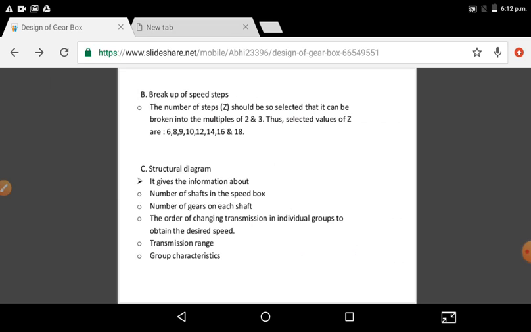Means how many shafts are required to construct the gearbox, how many gears are attached to each shaft, and how many transmissions are available on each shaft. All this information is provided by the structural diagram.